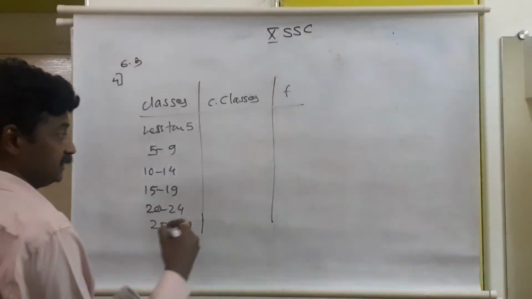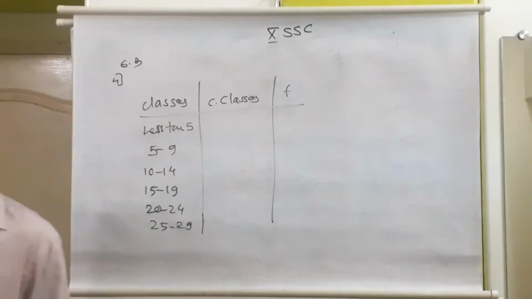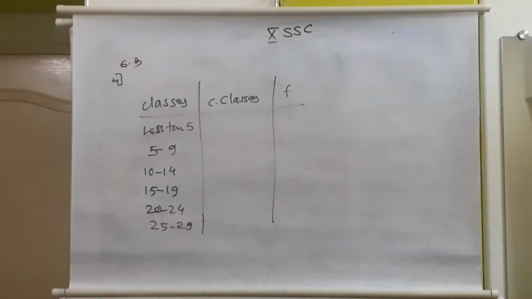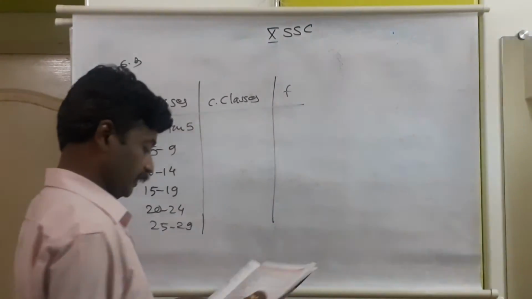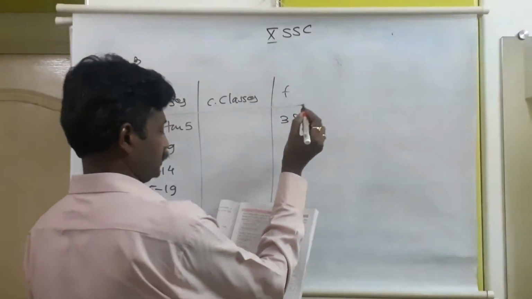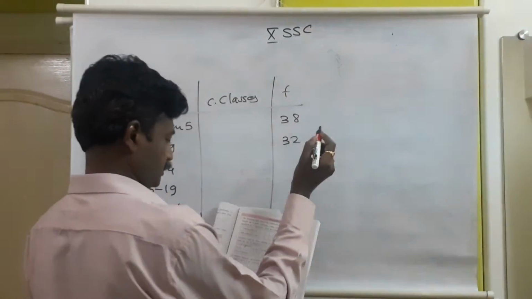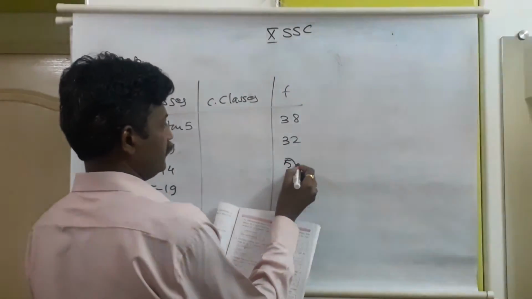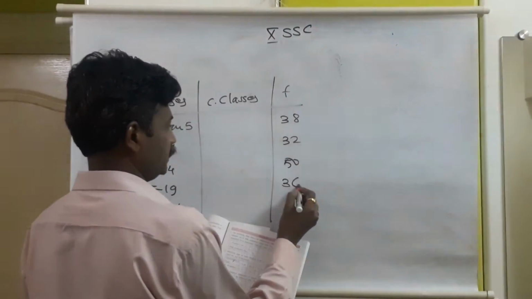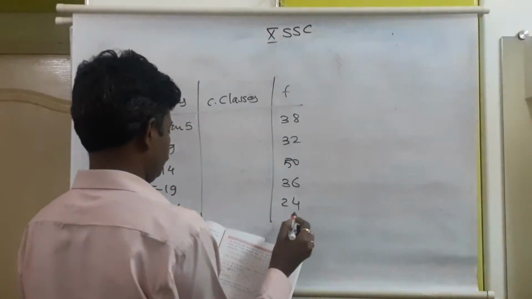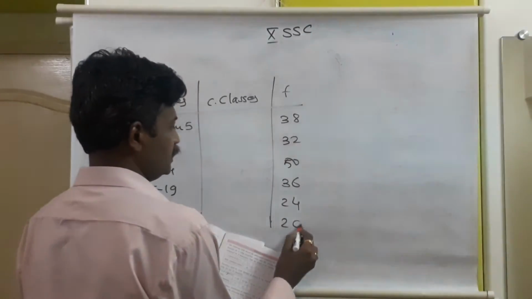Then after continuous classes, the frequency for the first class it is 38, then 32, then 50, then 36, then 24, and the last we have here 20.